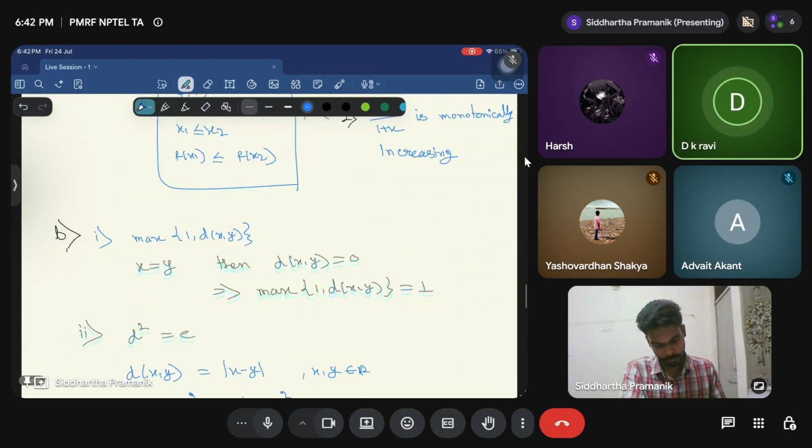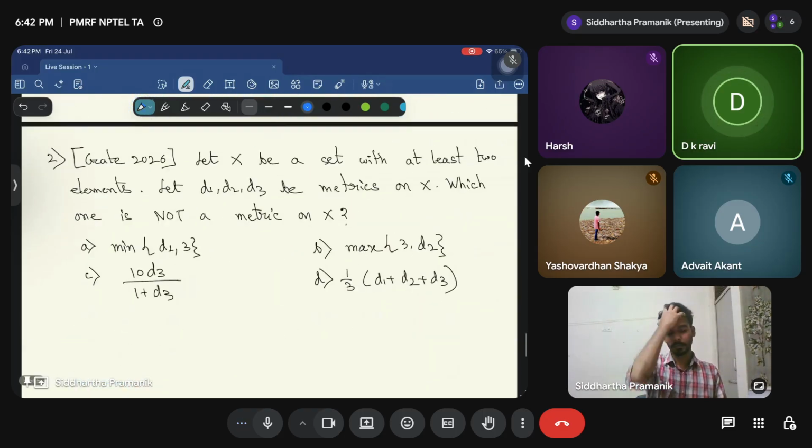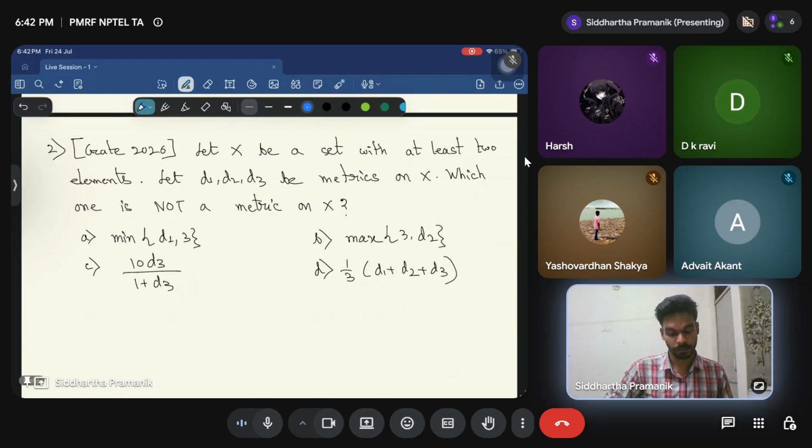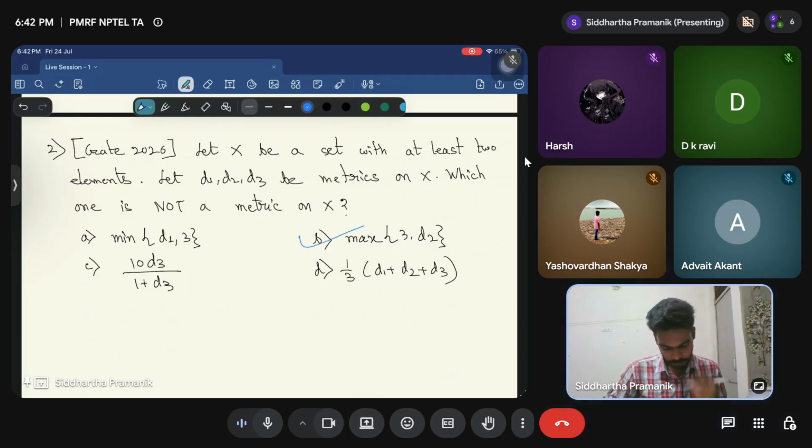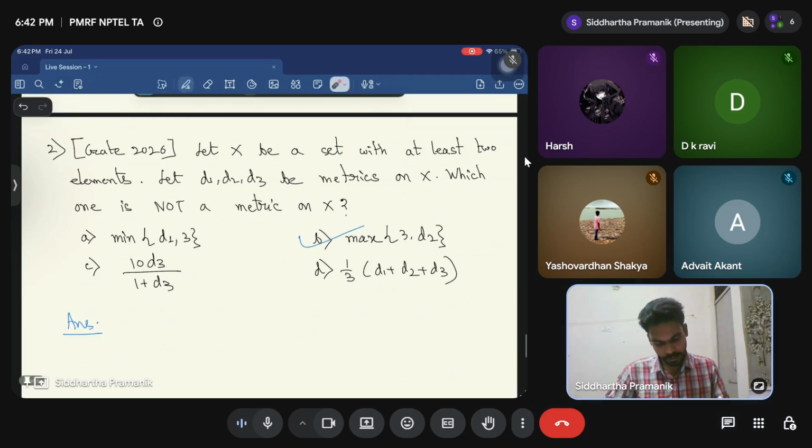But whenever d of xy is equal to 0, it must be 0 only when x equals y. Yes, that we have already done in the previous problem, right? So the answer is B. But we have also proved that the first one is a metric in the first problem.